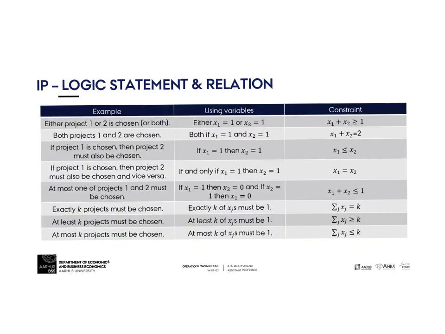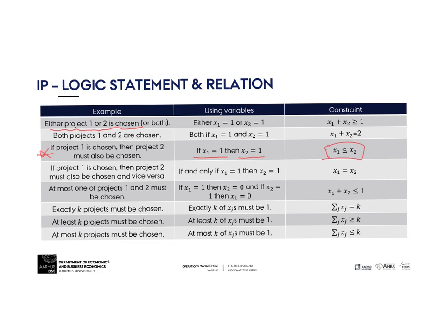Here we have a list of logical constraints for you to choose from. For the knapsack problem, if project 1 is chosen, then project 2 is chosen. That's this statement: if x1 equals 1, then x2 equals 1. Then we should write x1 less than or equal to x2.